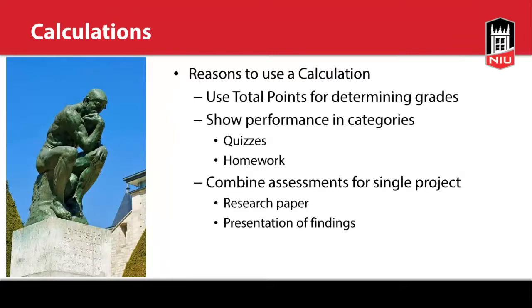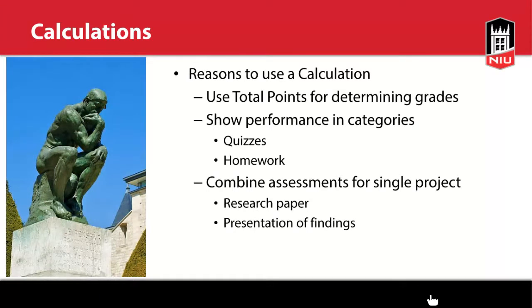So, a little more about calculations. We just talked about our overall grade calculation, but you can create other calculations in your gradebook. The reason might be that you want to use total points for determining grades. As I said, Ultra does want you to use percentages, but there is a workaround using a calculation, so you can use total points.